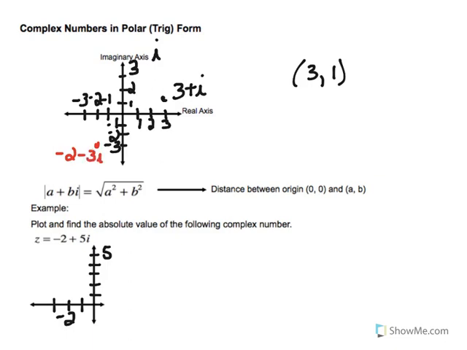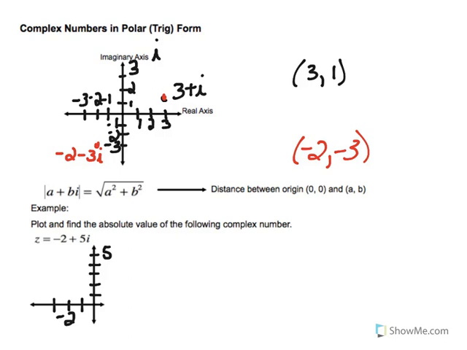So the real axis is like our x-axis, and the imaginary axis is the y-axis. Again, the point that's in red would be similar to the point -2, -3 when we're working on converting.